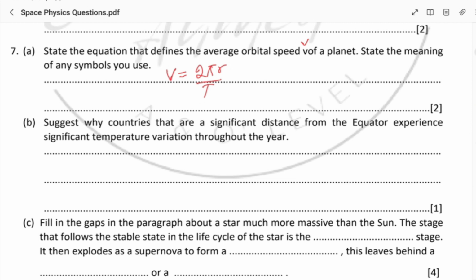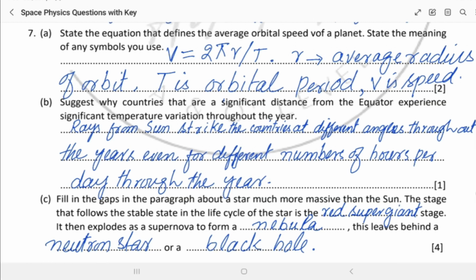That's why there is a variation in the temperature. So our answer is, rays from the Sun strike the country at different angles throughout the year, and for a different number of hours per day through the year. That's why there is a variation in the temperature on different parts of the planet.